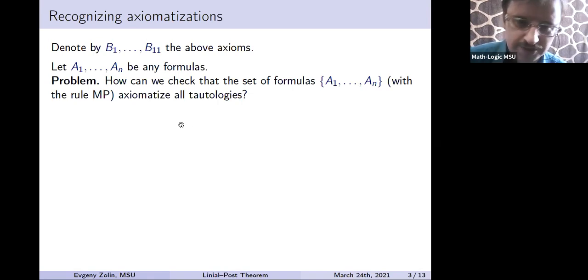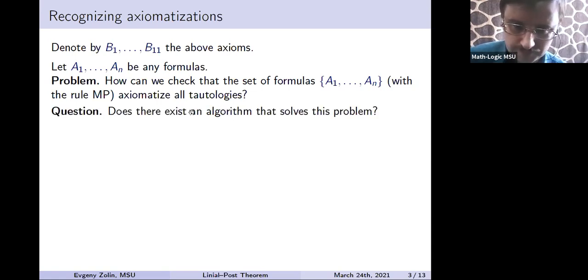We can alternatively consider them as individual formulas, but we add the rule of substitution to our calculus. Can we decide if this set of formulas axiomatizes all valid formulas? More exactly, can we build an algorithm that checks this property?